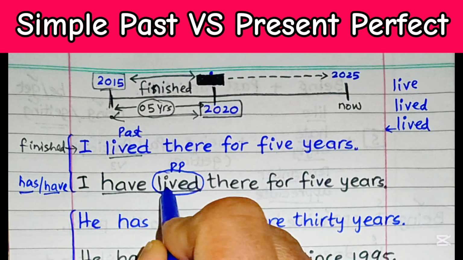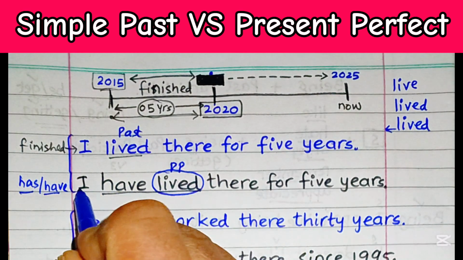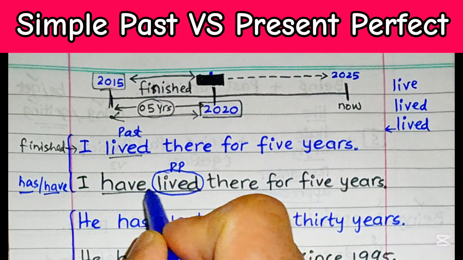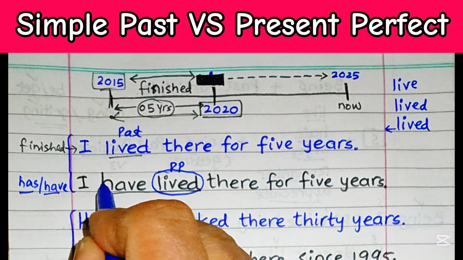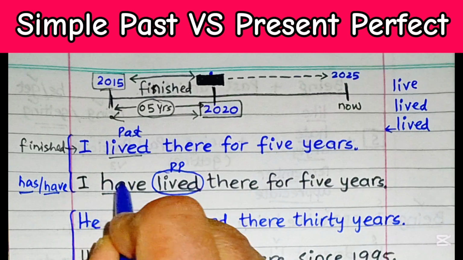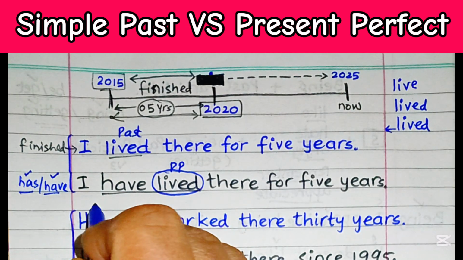I have lived. You have lived. He has lived. She has lived. It has lived. And for plural we may use they have lived, we have lived, and you have lived. So all the time we are using the helping verbs has or have.